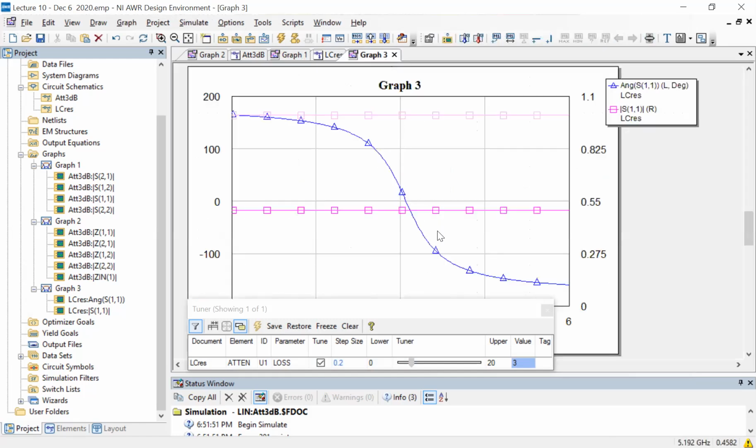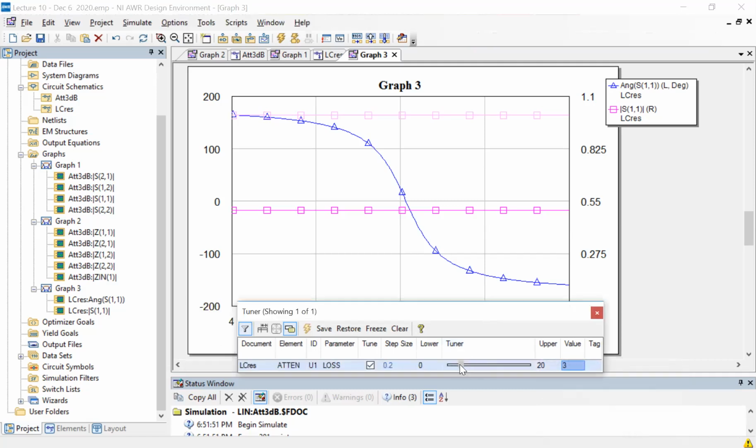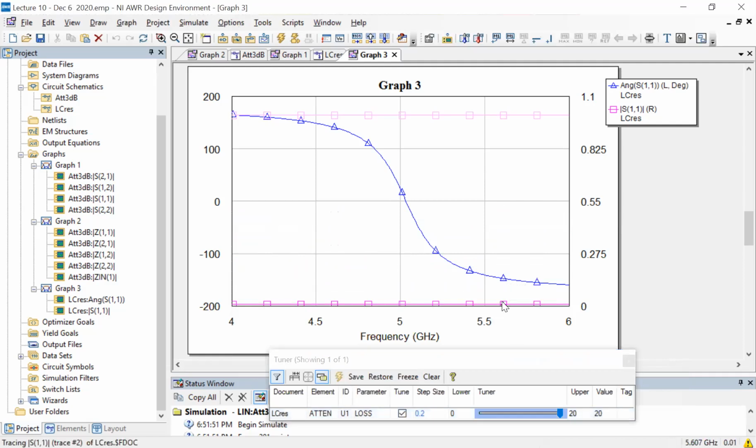But how far can this work, right? 3 dB is a small amount of loss, it's fine. But if I keep increasing this to larger and larger values, then the amount of signal coming back is extremely small. Now, what is misleading here is that this phase seems to be still completely the same.